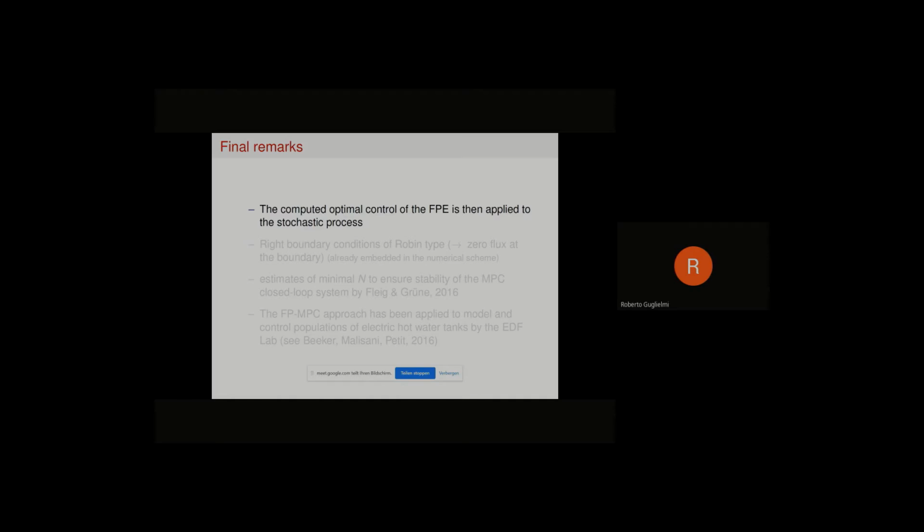We study and solve numerically the optimal control problem constrained to a Fokker-Planck equation, forgetting about the stochastic process. But then what we did was to take the optimal control that we find for the Fokker-Planck equation, so for the control of the probability density function, and to plug the optimal control in the stochastic process.